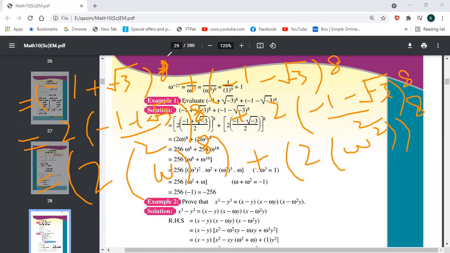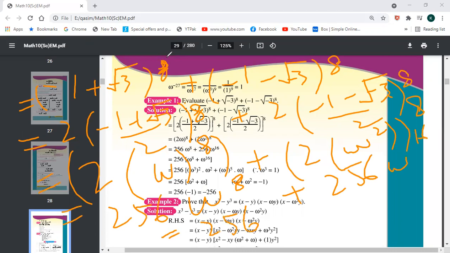So this value must be 256 omega 8 plus 256 omega 16. After this, 256 is common, and we have omega 8 plus omega 16.